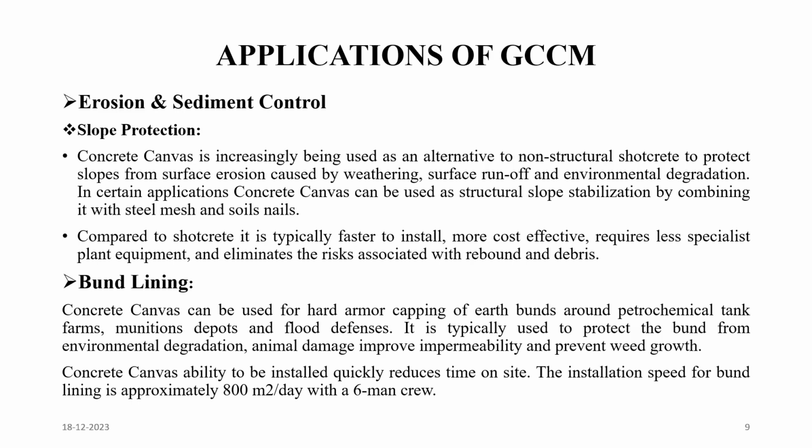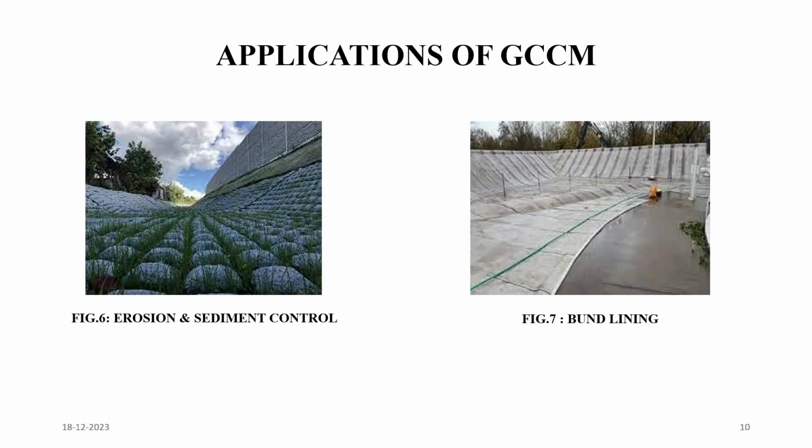Concrete canvas's ability to be installed quickly reduces time on site. The installation speed of bund lining is approximately 800 square meters per day with a six-man crew. There are a few visual representations of erosion and sedimentation control and bund lining.